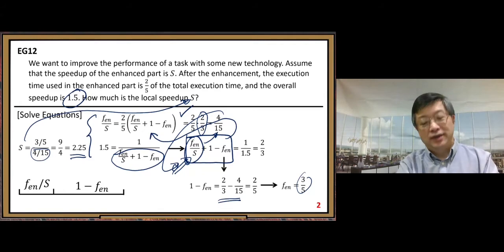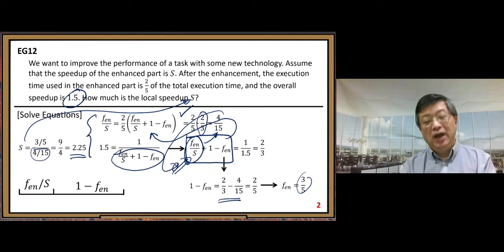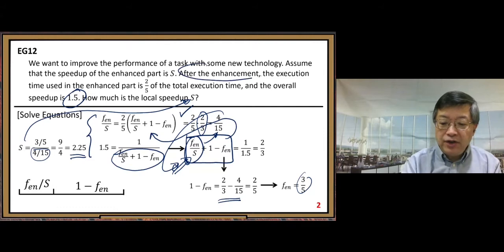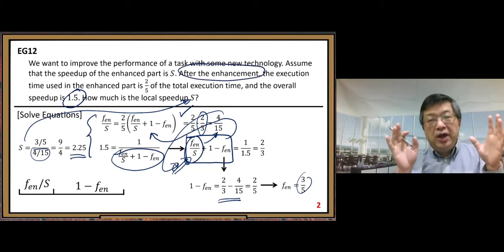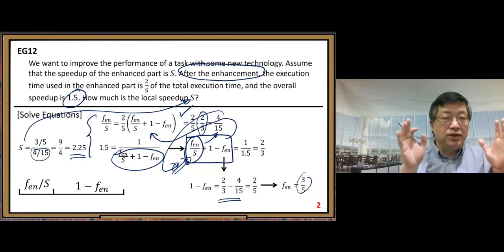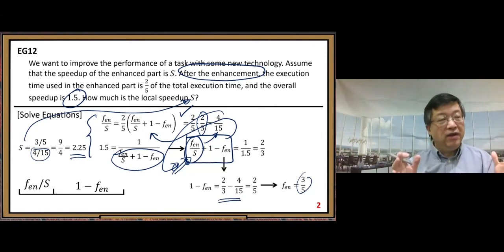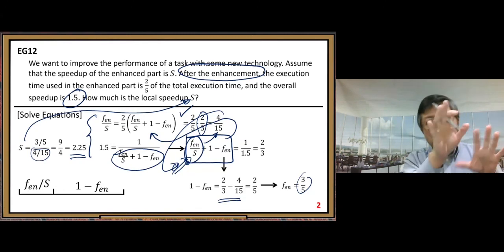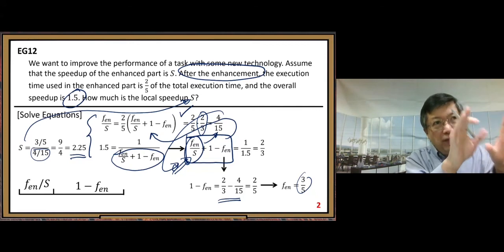So think about this whole procedure. The key part: first, the thing you need to pay attention to is after enhancement. Many students, based on common psychology, when they have a formula, tend to plug in numbers that they think should be there.